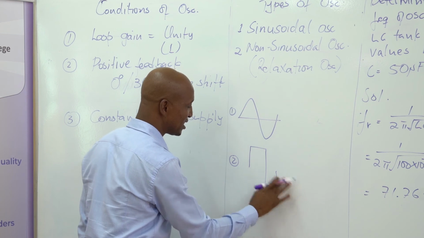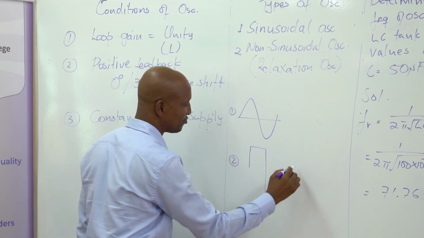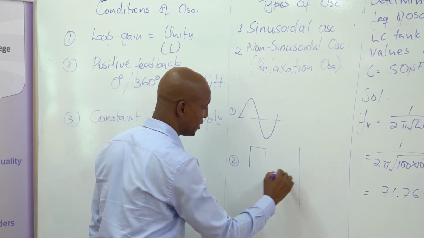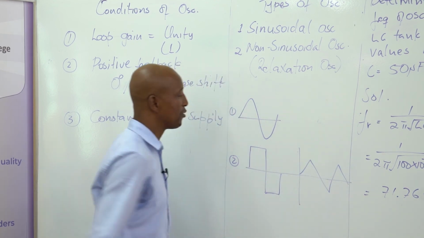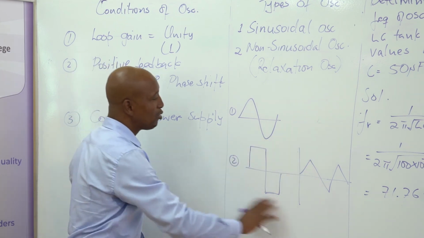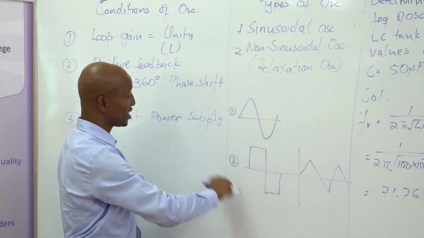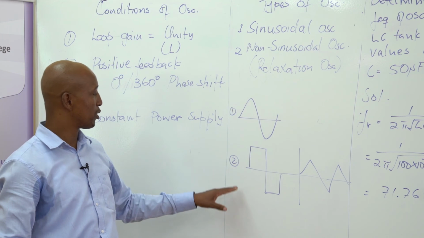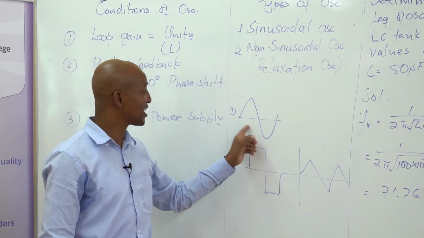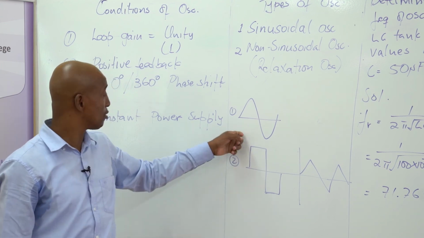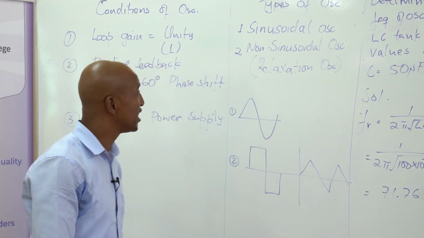In most cases, it's a square or triangular waveform. All those oscillators which cannot provide us with a sine wave, we call relaxation oscillators. All those which provide us with a sine wave are called sinusoidal oscillators.